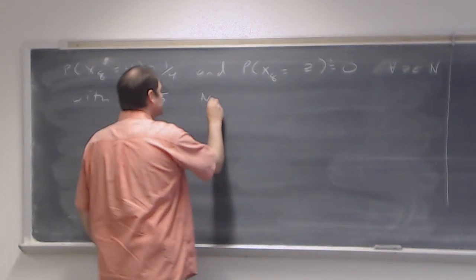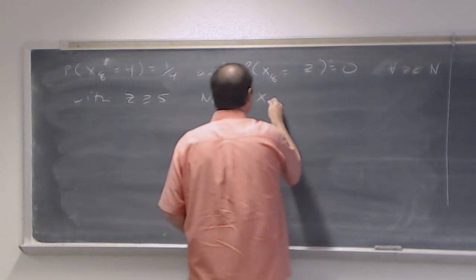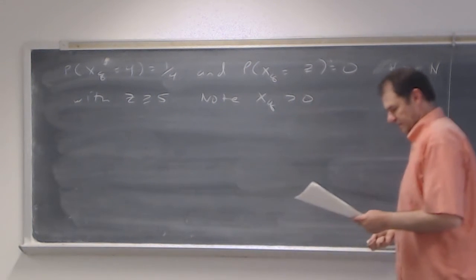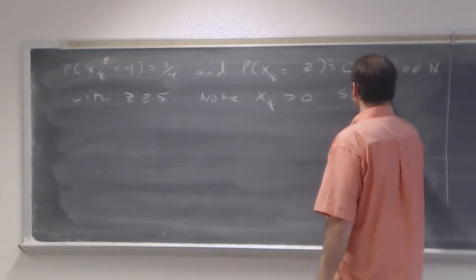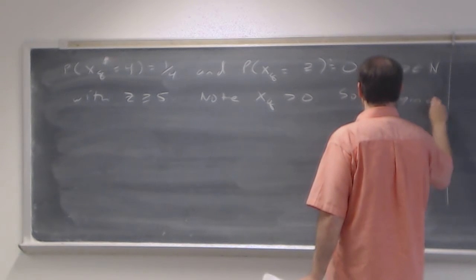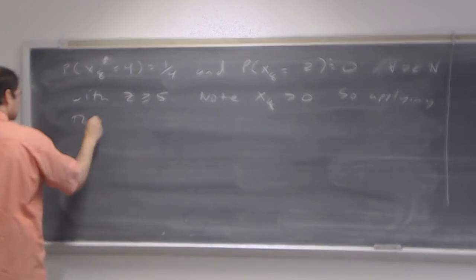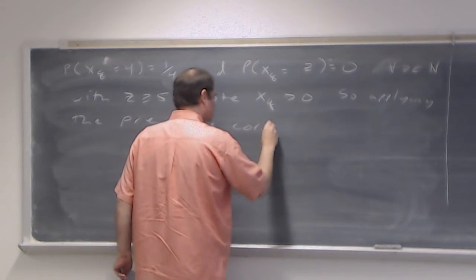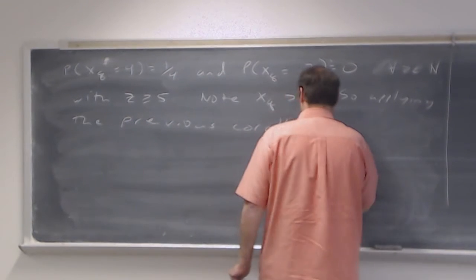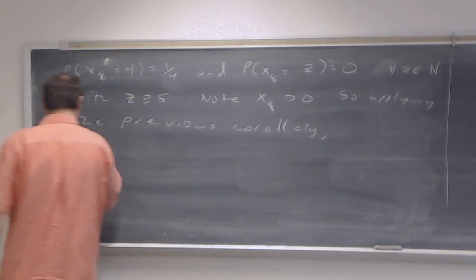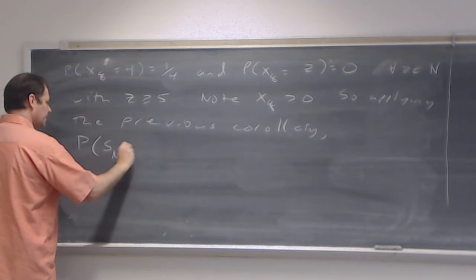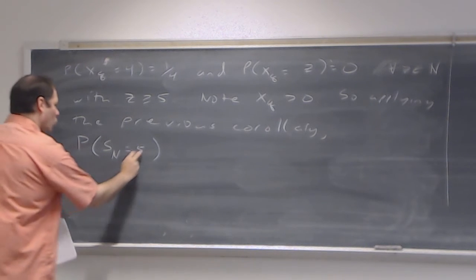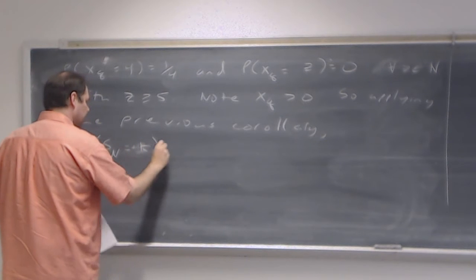Now, we'll note that X of q is always greater than 0, so they're always positive. So applying the previous corollary, here's what we have. The probability, this is our problem, S of N is equal to 5. Well, let me write down the corollary. The probability that S of N is equal to k. Remember what that was.